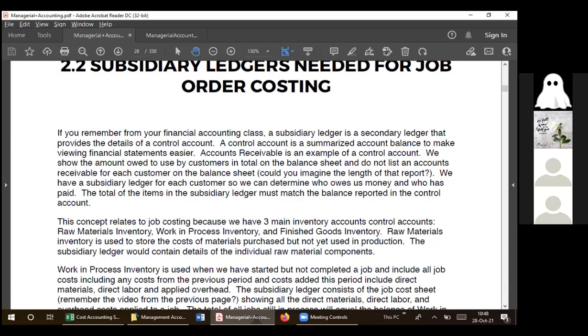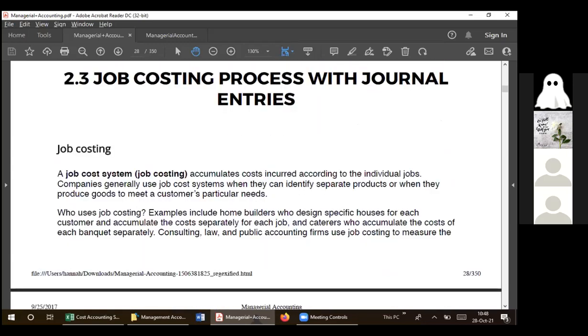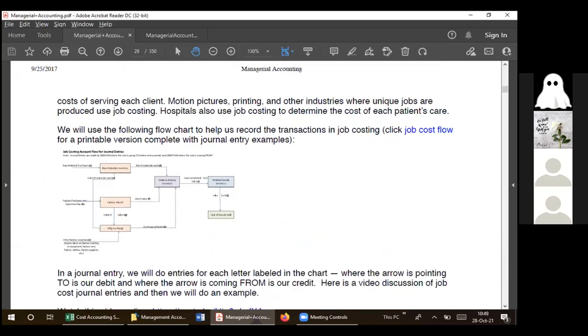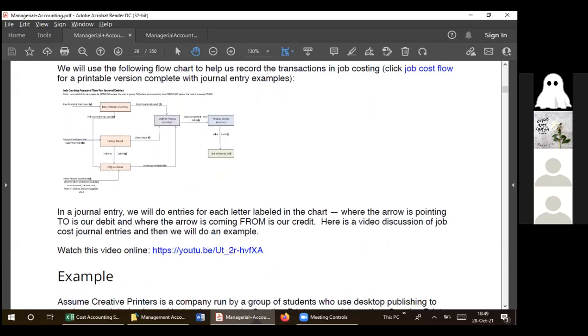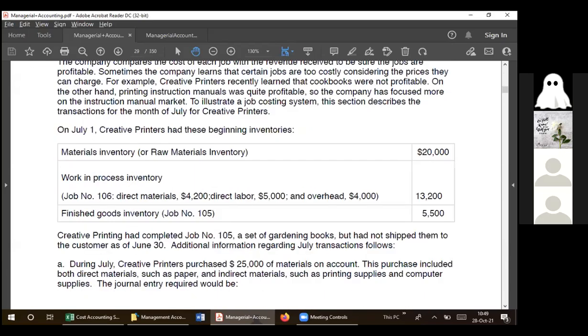When the company makes financial statements, they use ledgers to support it. Job costing process with journal entries, as they call it here. We can look at that, but mostly it would be confusing.